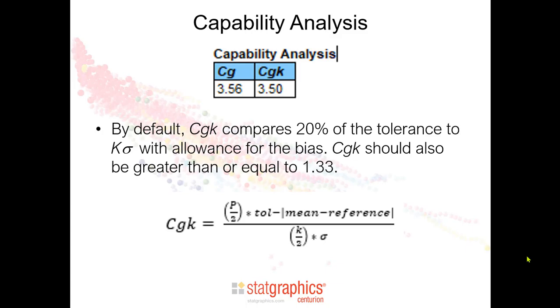CGK compares 20% of the tolerance to K sigma with an allowance for bias. CGK should also be greater than or equal to 1.33. In this case, CG and CGK are both very good.